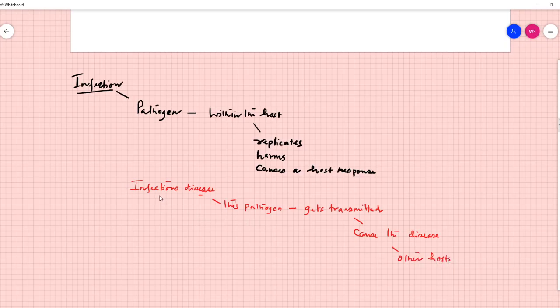Okay, so that is an infectious disease. So in an infectious disease, there is a pathogen that can be transmitted to other hosts to cause the disease.